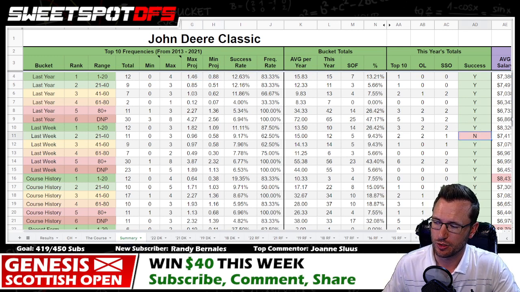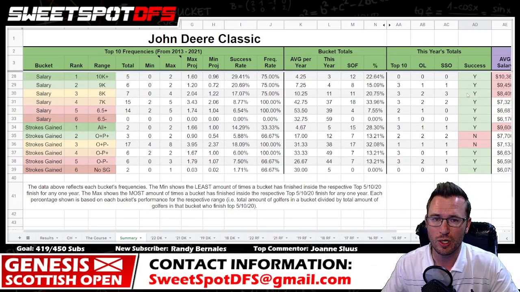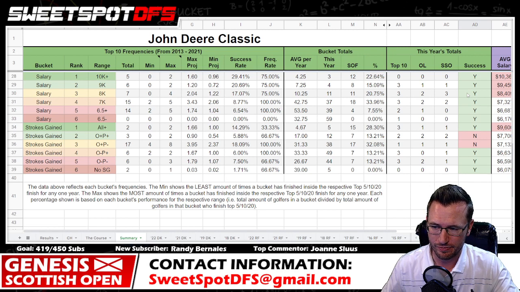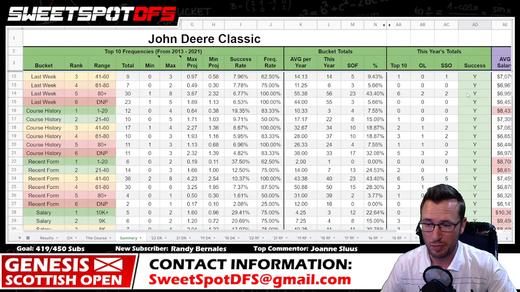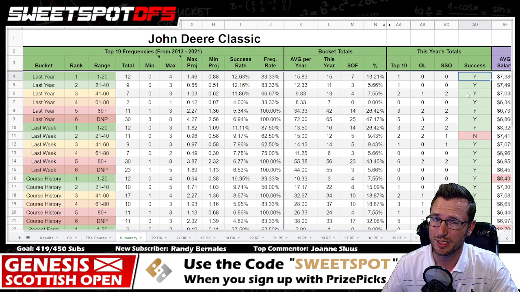So when we look at all this, you can see there are 3 no's, meaning 33 out of 36 buckets were correct despite this very crappy field and very volatile results. Buckets still shine through. Now, it's not as good as it usually is. Usually we see 34 out of 36, but 33 out of 36 is still pretty darn good.